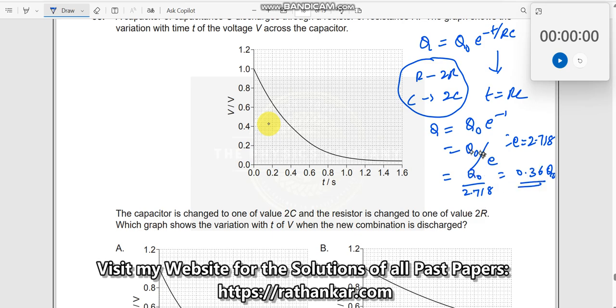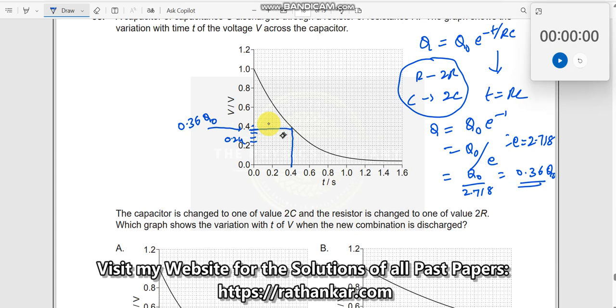Now let us look at the graph over here. This 0.2, the next small square should be 0.24, 0.28, 0.32, 0.36, 0.4. That means just one square before 0.4 is your 0.36, that is 0.36 times Q naught. Now I will just draw a line here and find out what is the time here.